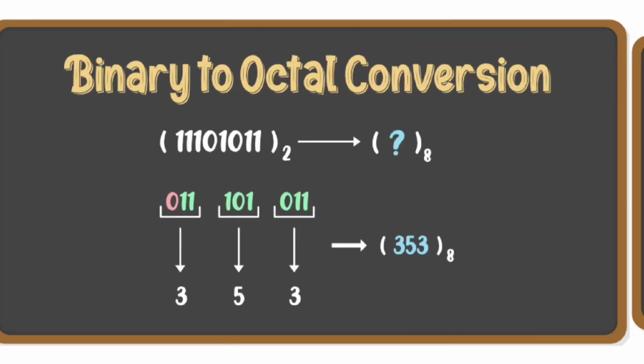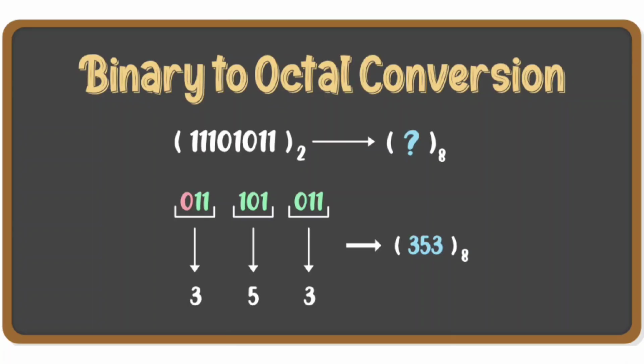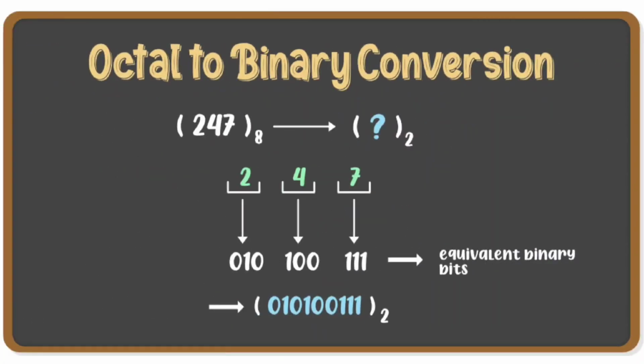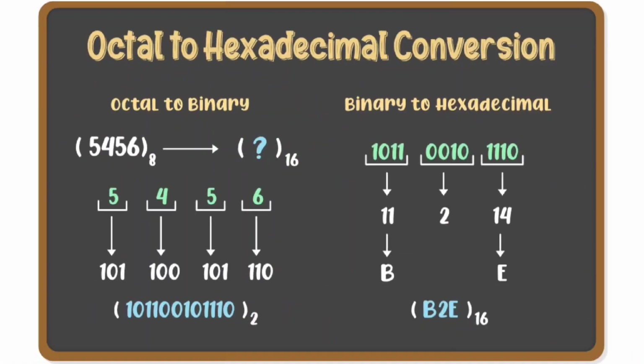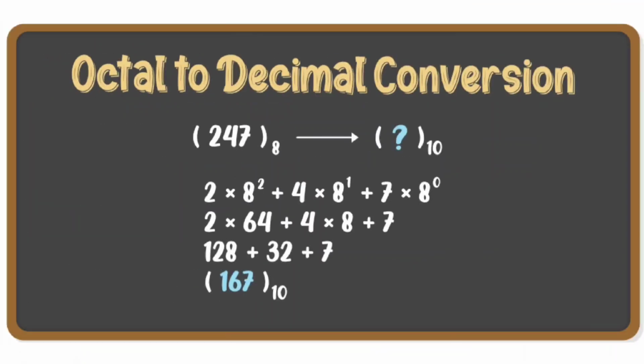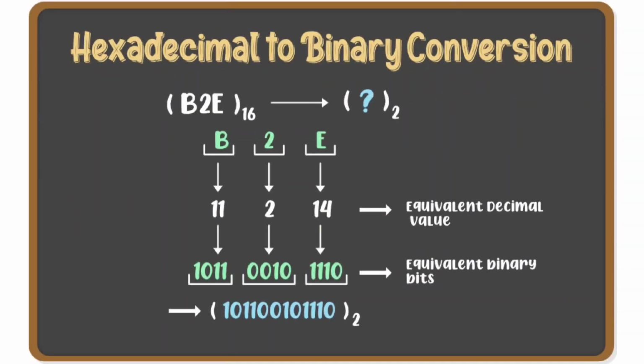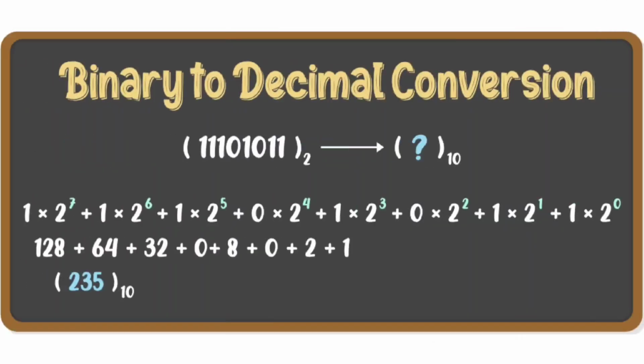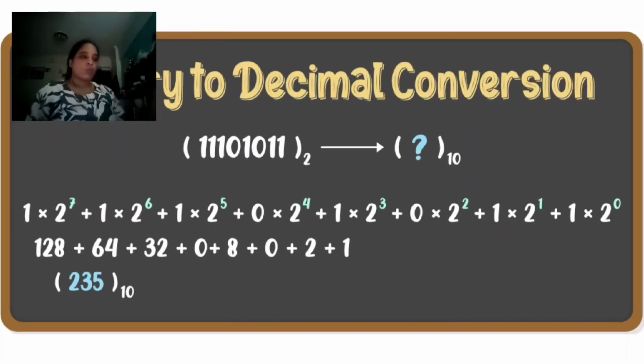Next, binary to octal conversion, binary to hexadecimal, and binary to decimal conversion. Now let's see binary.